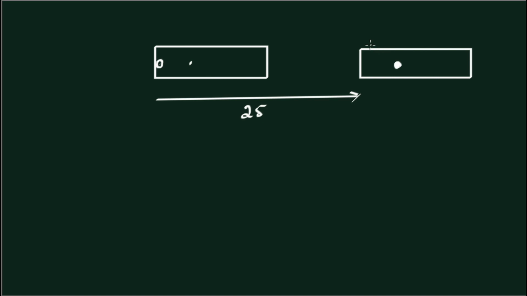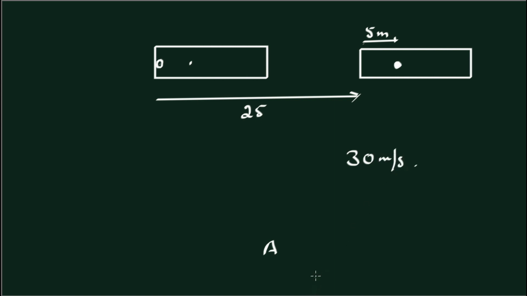So the ball is now here. This distance is 5 meters. So seen from Adityan's point of view, the ball has moved from here to here, 25 plus 5, 30 meters in 1 second.